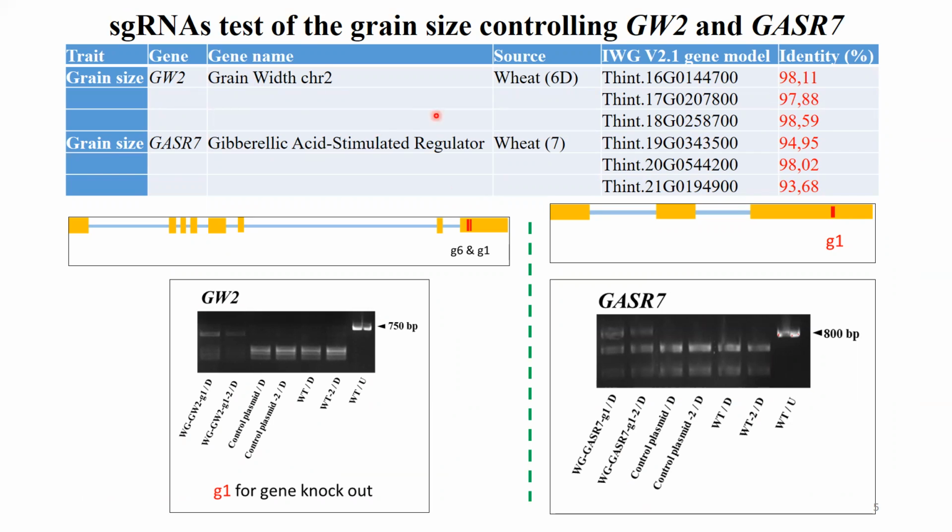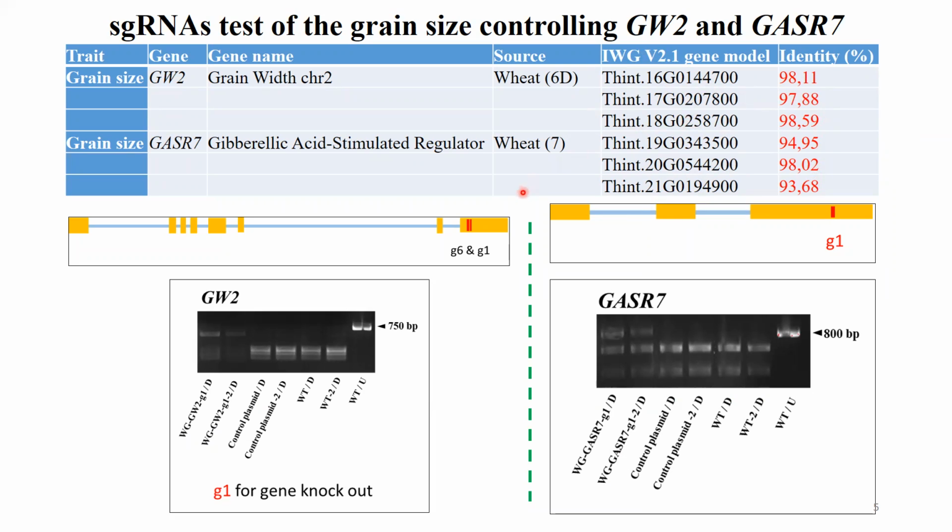We did a BLAST in the wheatgrass genome sequence, and you can see we get several hits with very high nucleotide identity, from 94% to 99%. Using the nucleotide sequences from the wheatgrass genome, we design sgRNAs.